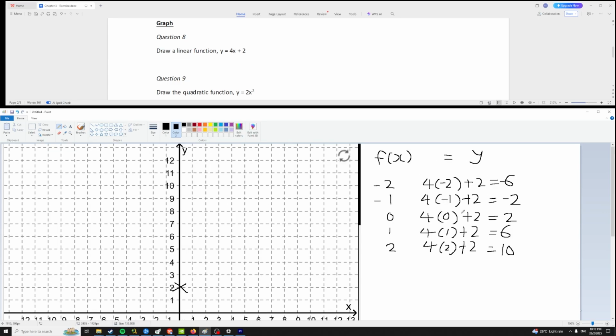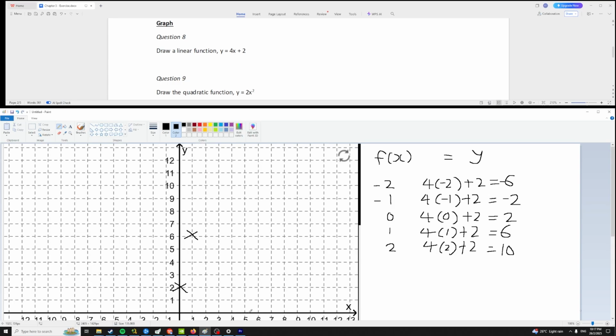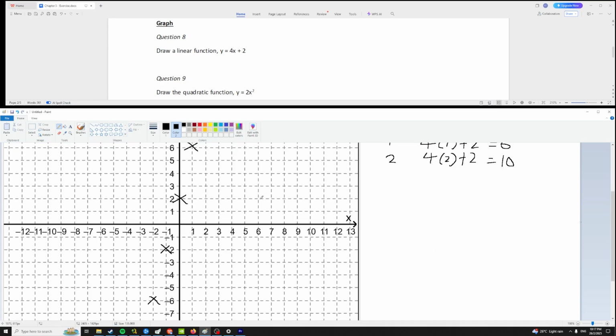Then the next one, if x is 1, then y is 6. I think this graph is not very good. Then x is 2, it becomes 10.